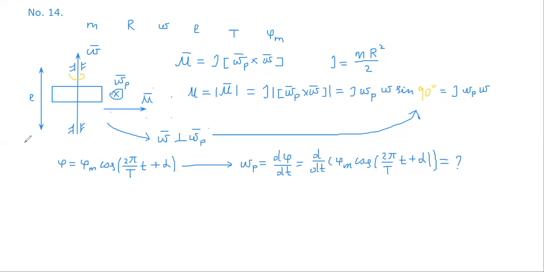What about the derivative of cosine? Can someone remember this from differential calculus?